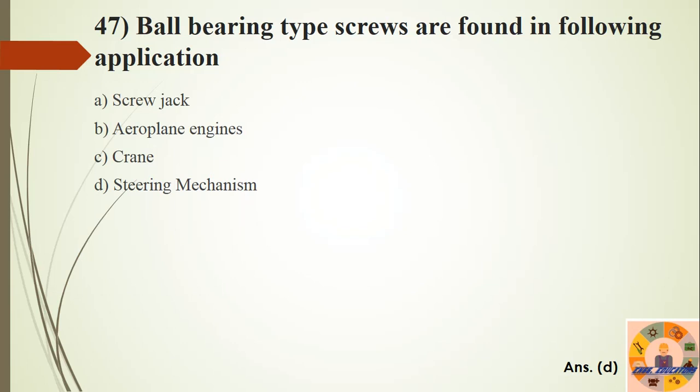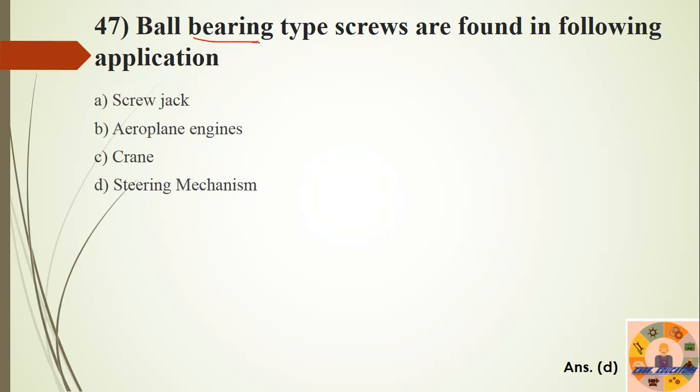Next question is, ball bearing type screws are found in the following application: option A screw jack, option B aeroplane engines, option C crane, or option D steering mechanism. So we know the ball bearing screw translates rotational motion to linear motion with little friction.